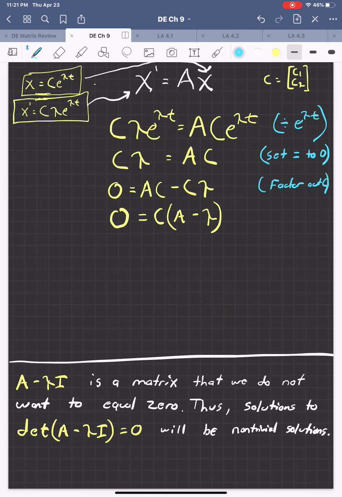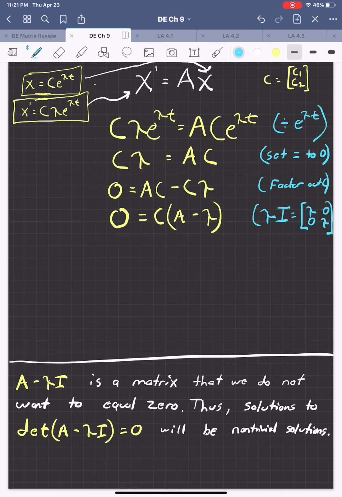To do this is very simple. Remember, anything multiplied by 1 is itself, so lambda multiplied by 1 is lambda. So all I'm going to do is make use of the identity matrix, so that I can write that scalar lambda as lambda, 0, 0, lambda.